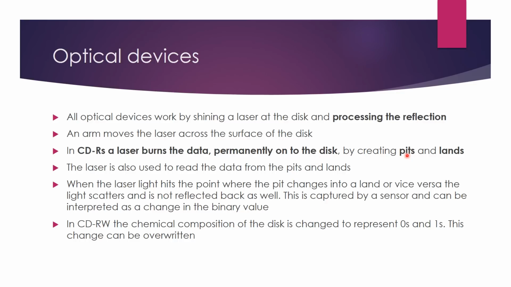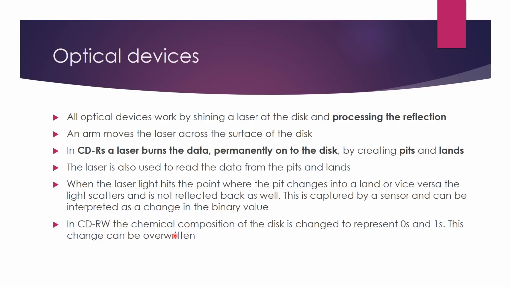We will be talking about what pits and lands are in the next slides, so have patience. The laser is also used to read the data from the pits and lands. When the laser light hits the point where the pit changes into a land or vice versa, the light is scattered and is not reflected back. This is captured by our sensors and can be interpreted as a change in the binary value.